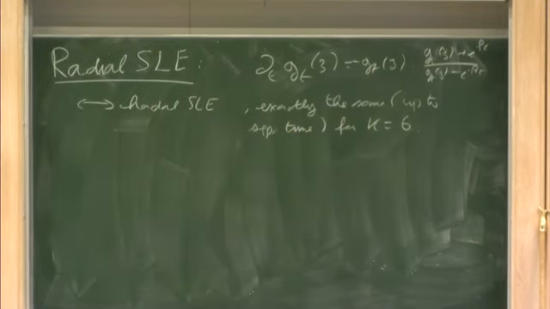I didn't give you the proof, but it comes from a computation of Girsanov type: if you want to compare them, the absolute density of one with respect to the other is constant equal to 1 because you can compute it.